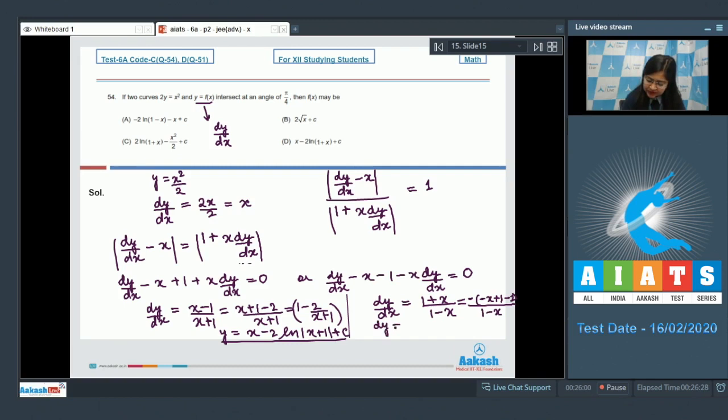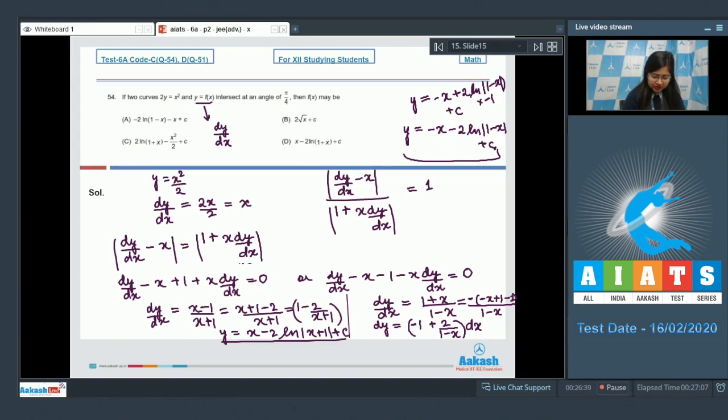So dy = (−1 + 2/(1 − x)) dx. So integrating both sides, we have y = −x + 2 times the integral of 1/(1 − x), that is ln|1 − x| with minus sign, that is y = −x − 2 ln|1 − x| + constant.